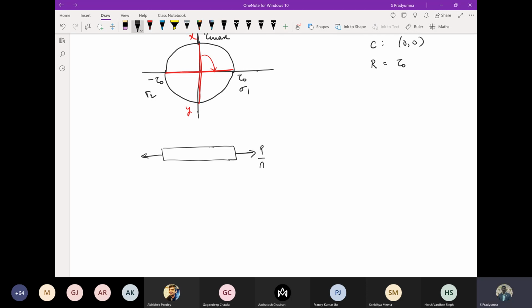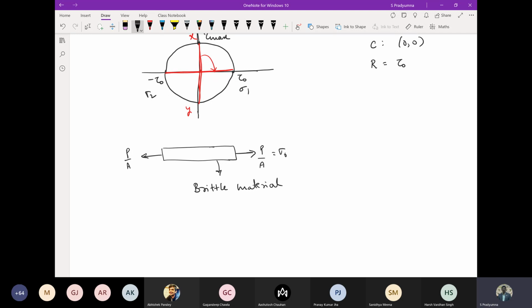Let's say P by A is equal to sigma naught. Let's assume that this material is brittle material. You just take a piece of chalk and pull it till it breaks.